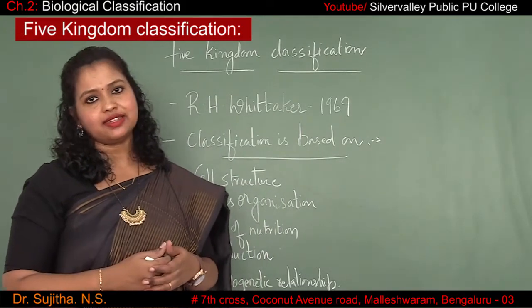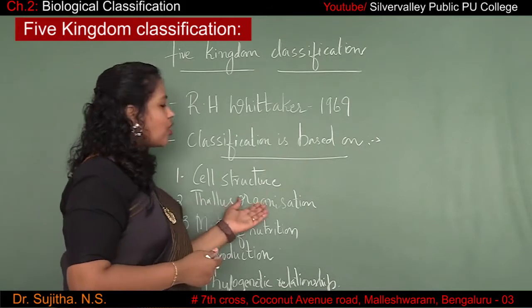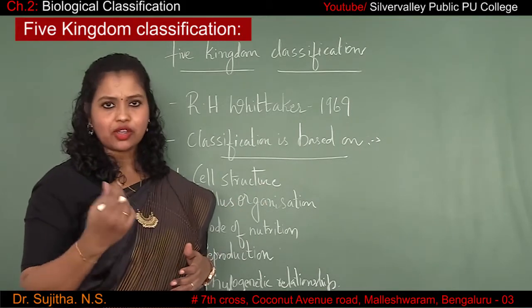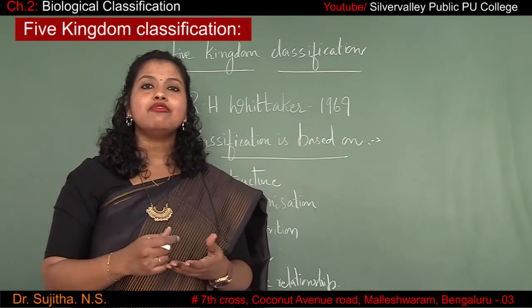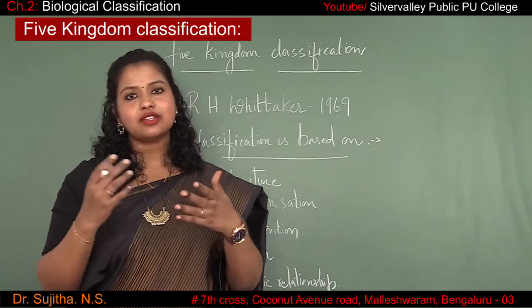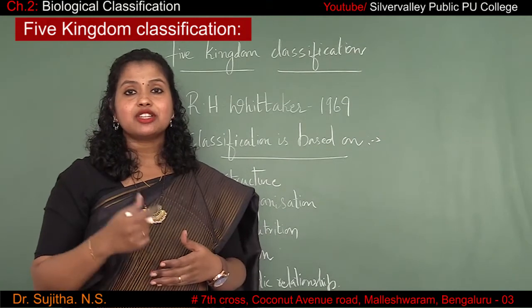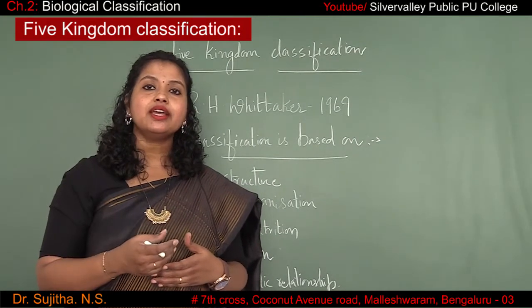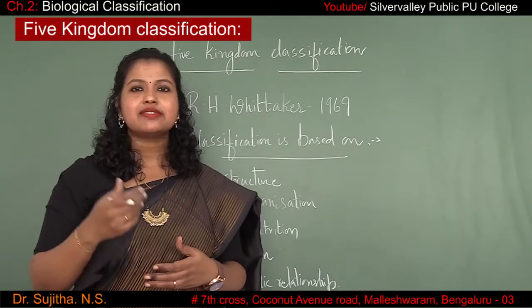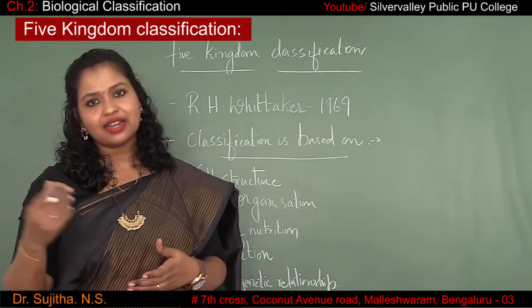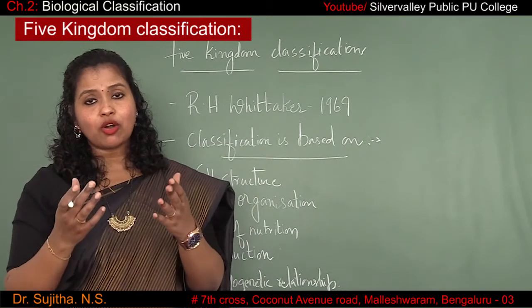The second factor is the thallus organization, or the body organization. Now what do you mean by thallus? Thallus means a very simplified body structure. Here with respect to plants, you don't find any stem, you don't find any leaves. For example, algae and fungi.